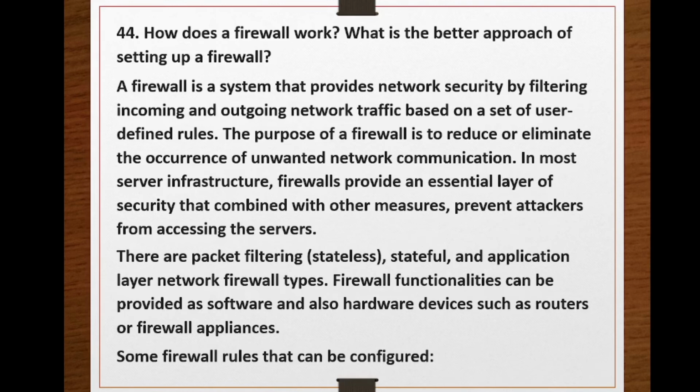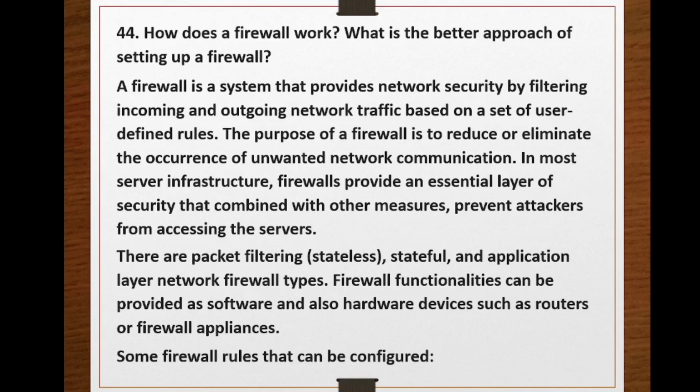Okay, how does a firewall work? What is the better approach for setting up a firewall? On this also I will make a separate video. For the time being you can go through this explanation. A firewall is a system that provides network security by filtering incoming and outgoing network traffic based on a set of user-defined rules. The purpose of a firewall is to reduce or eliminate the occurrence of unwanted network communication.